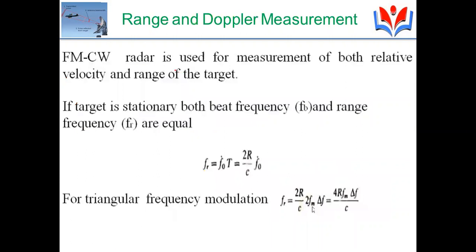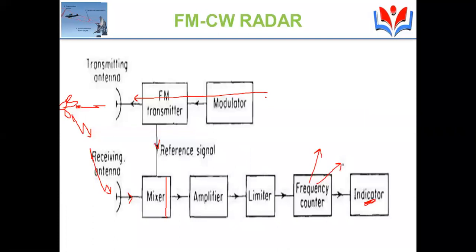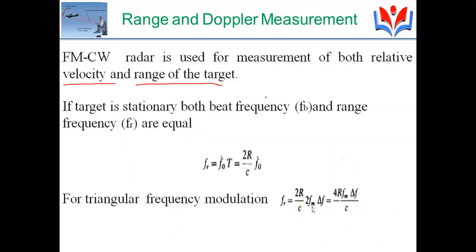FMCW radar is used to measure both relative velocity and range of the target, as I said already. If the target is stationary, the beat frequency and range frequency are equal. Whatever frequency modulated signal we transmitted is reflected from the object and received by the receiver.